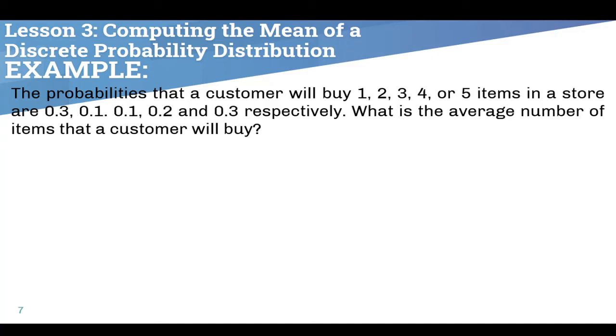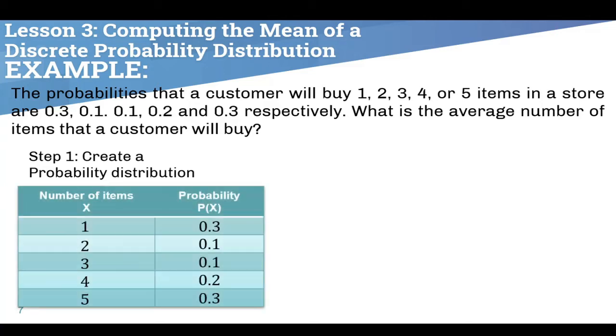Again, pag sa mga problem na ganito, pag kinocompute natin yung mean, anong kailangan natin gawin? Unang-una, create tayo ng probability distribution. Paano yun, sir? Of course, gawa tayong table. The left is the random variable x, then to the right is its corresponding probability.